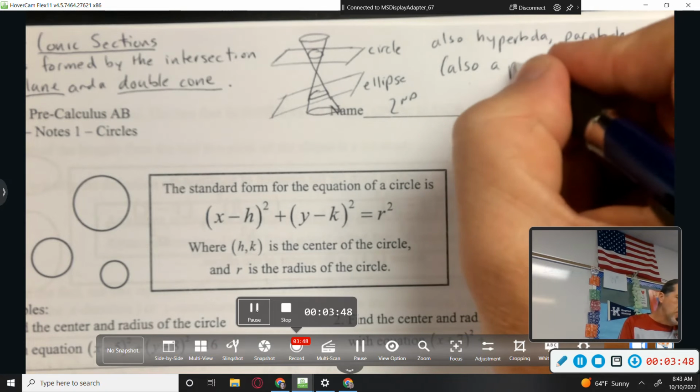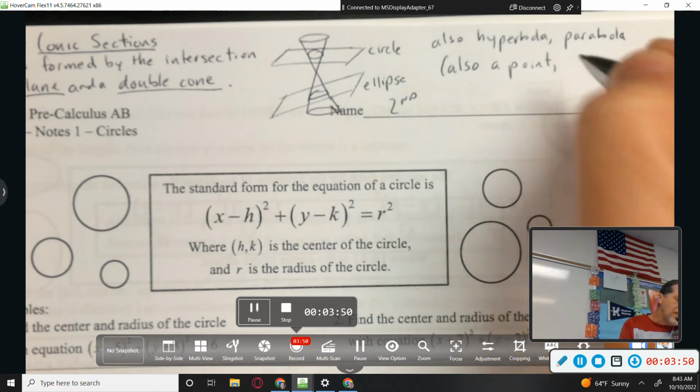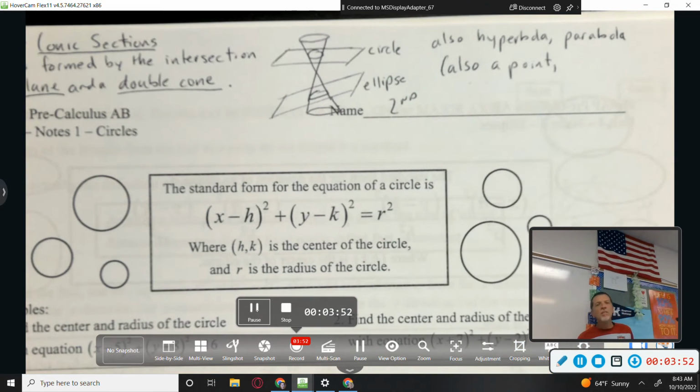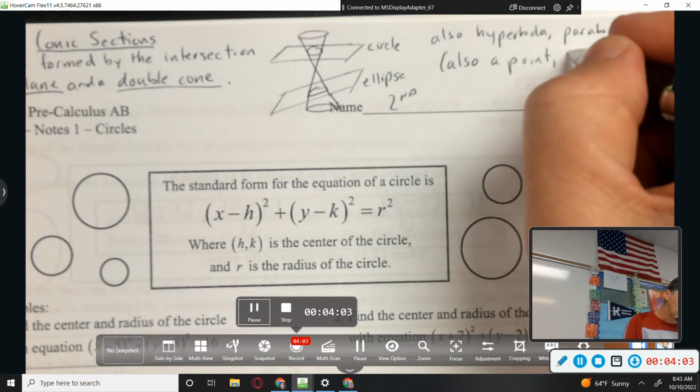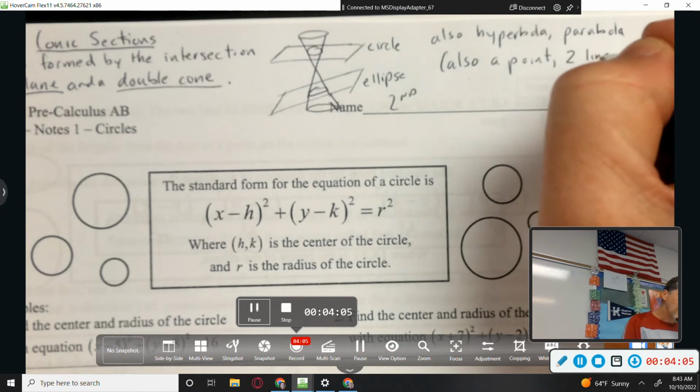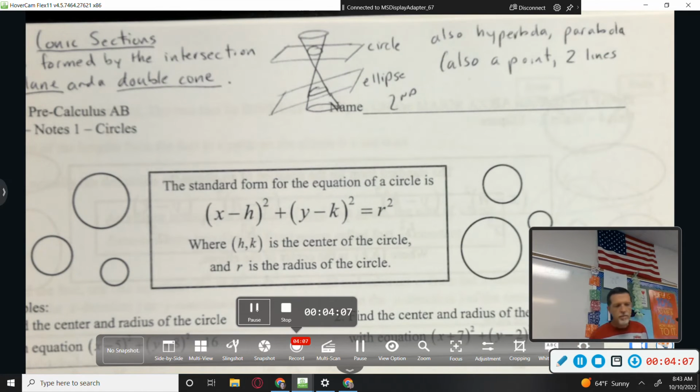But also you could get a point. That one's maybe not too hard to see. If you cut it right where the cones meet, you'd have a point. There's not much to do with a point, so we don't talk about that very much. You could also get two lines, if you cut it up and down right in the middle.